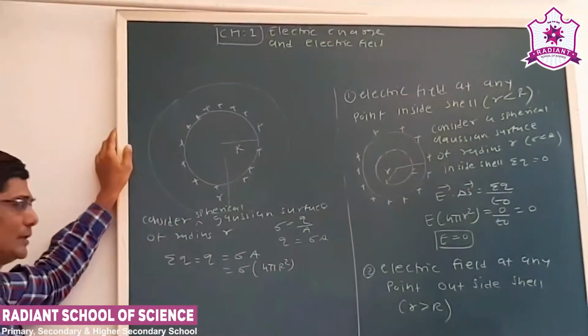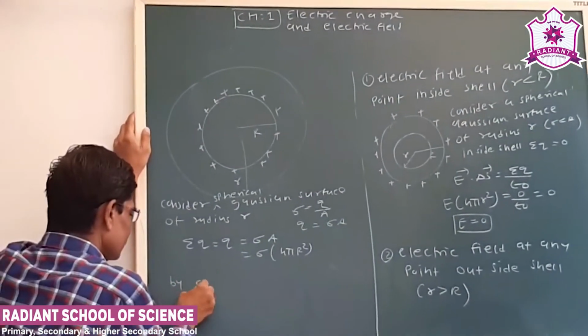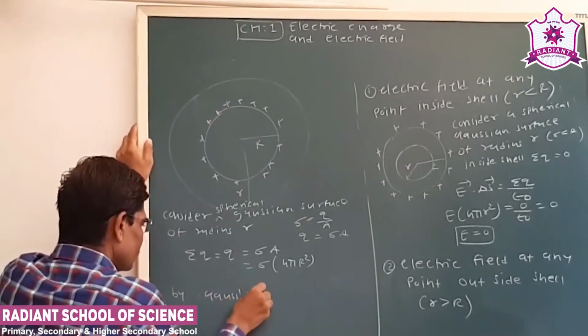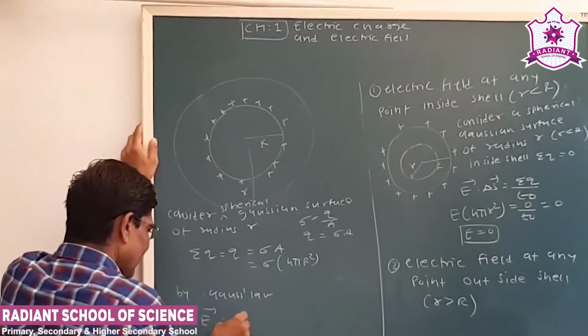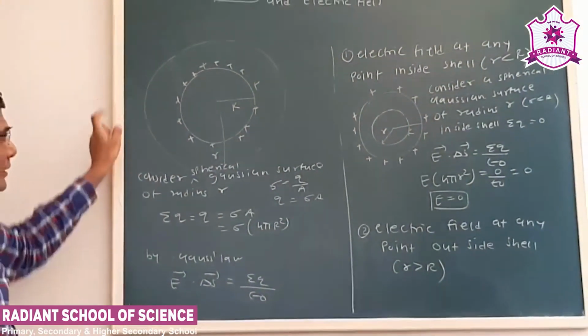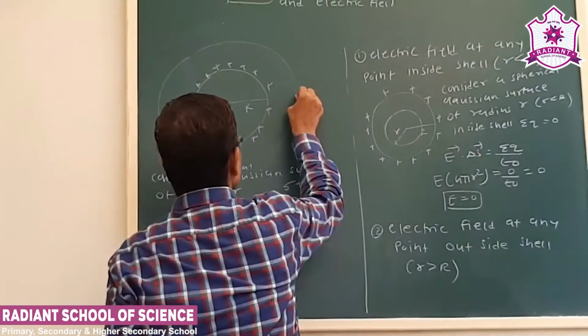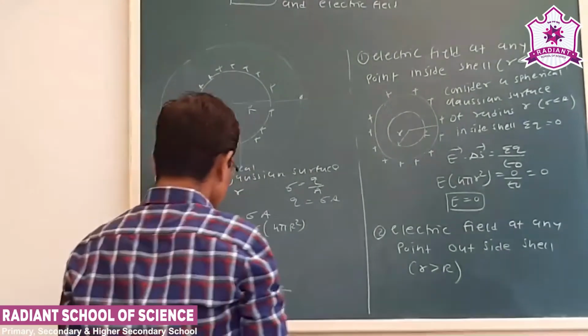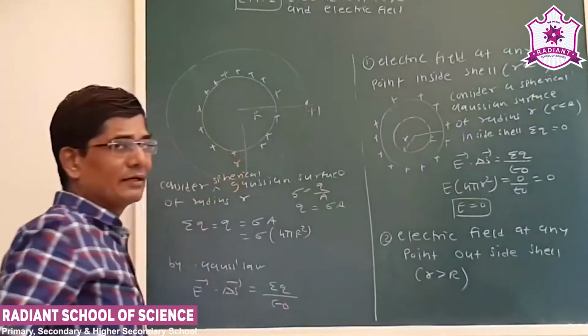Okay. Now by Gauss law, E dot delta S. Okay. Now suppose we have to find out the electric field here. See the direction of electric field.